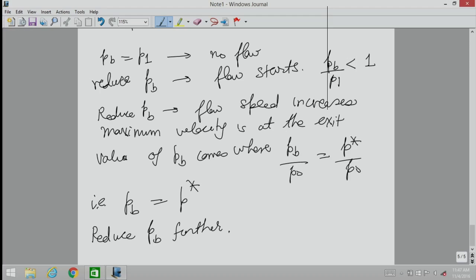So if you reduce PB further, then what happens is the flow in the converging section stays same.